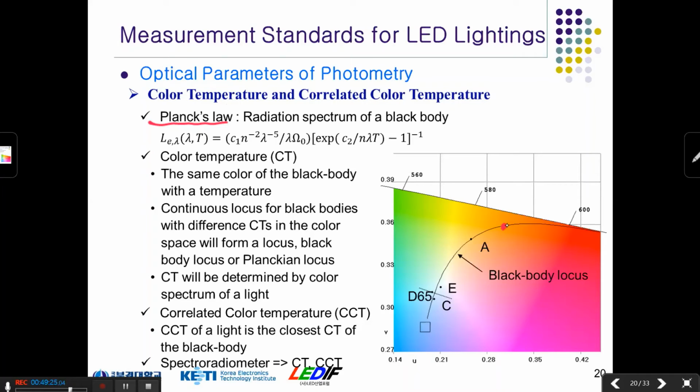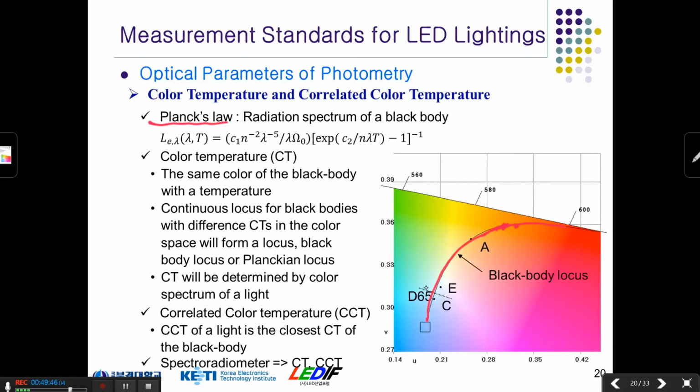And if the black body temperature varies, the radiative spectrum changes, and then the point on the chromaticity diagram shifts to give a line like this here.